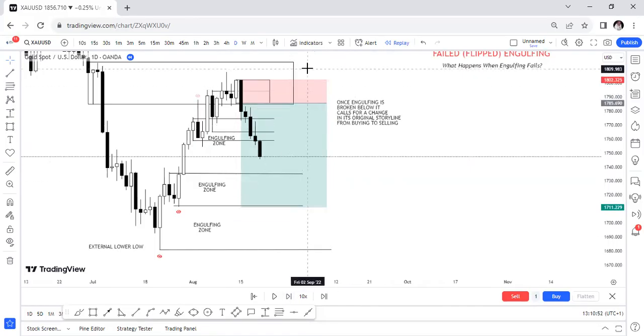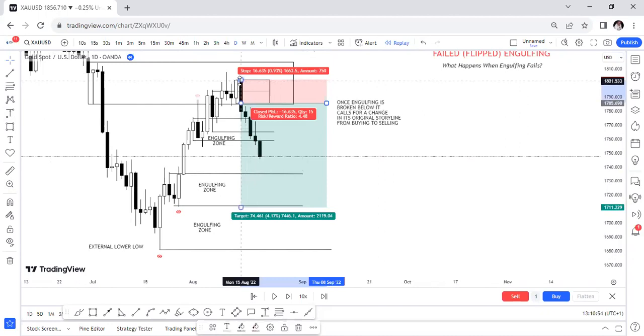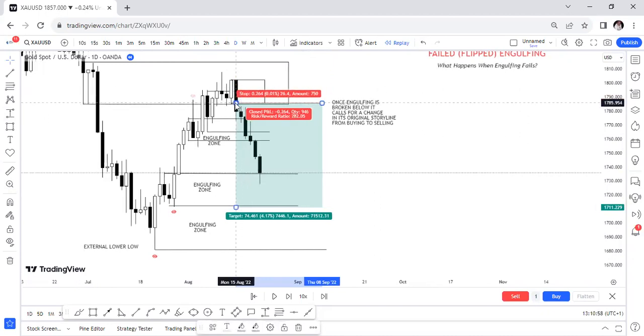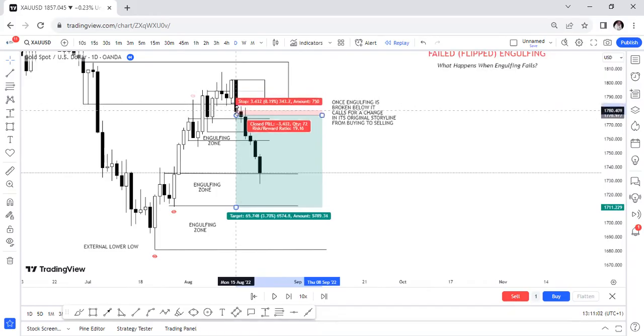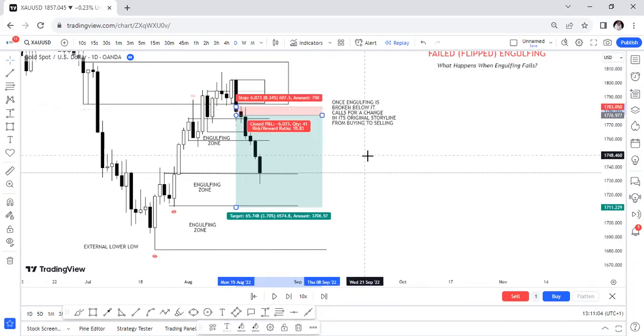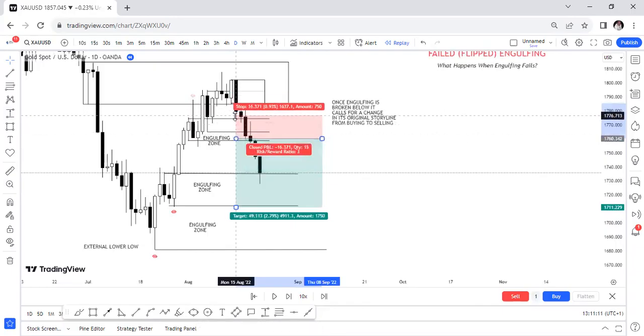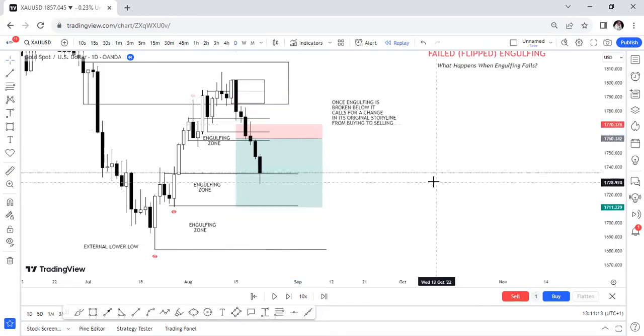Continue. You can move your stop loss. Let it close, then you move your stop loss to break-even and allow your profit to keep running. You can move it up like this place, or you exit.